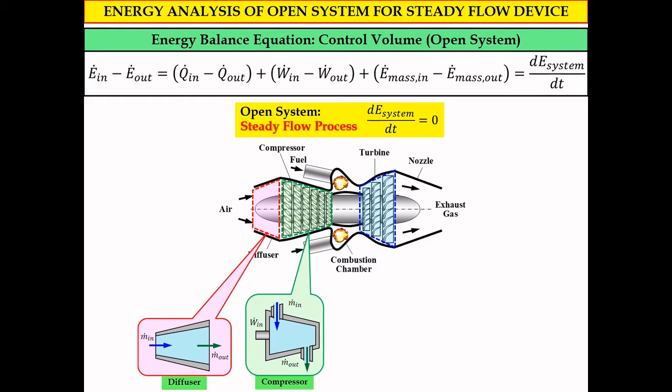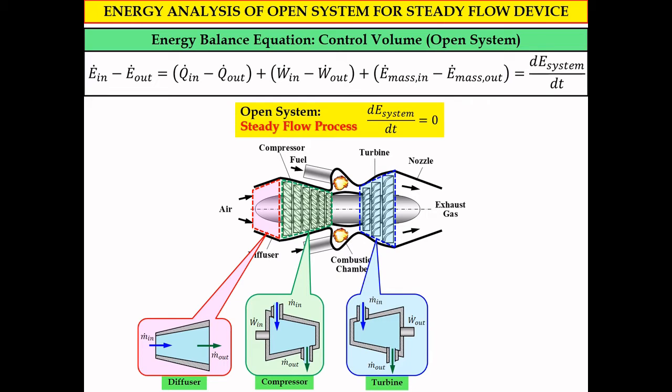The third component of the gas turbine engine is the turbine. The schematic diagram is quite similar to the compressor, but for the turbine, we will have rate of W out instead of W in. So for the turbine, we have W out, mass flow rate in, and also mass flow rate out.